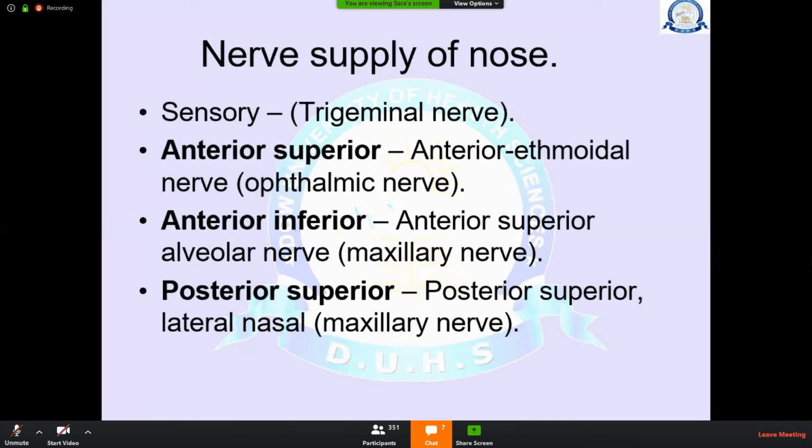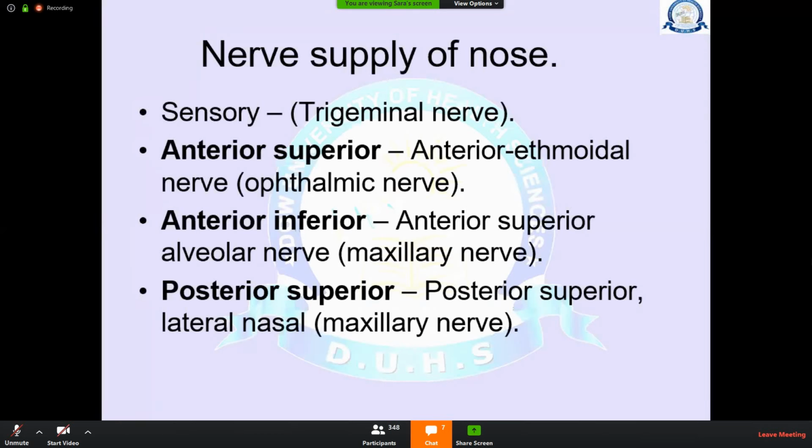They anastomose at the septum, and that is the area where, due to trauma or due to excessive pinching, that is, certain people have a habit of excessive pinching of their nose or picking at the nose. So that is the area where the skin is thin, the vasculature is rich, and you just have the septum, so you do not have much of other tissue elements.